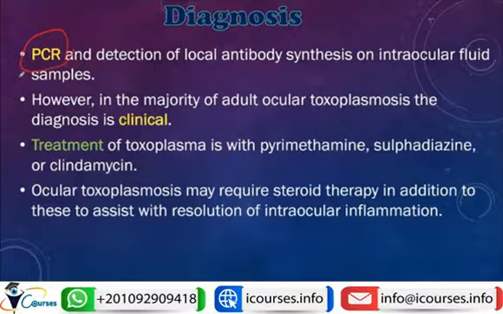However, this is not usually needed because the diagnosis can be made clinically by the appearance of the active chorioretinal lesion or the chorioretinal scar, and treatment is given for active cases only, not for the scars. This is not our topic now. The treatment of toxoplasma can be done by several drugs like pyrimethamine, sulfadiazine, and clindamycin. And sometimes these patients can need steroids to decrease the intraocular inflammation.